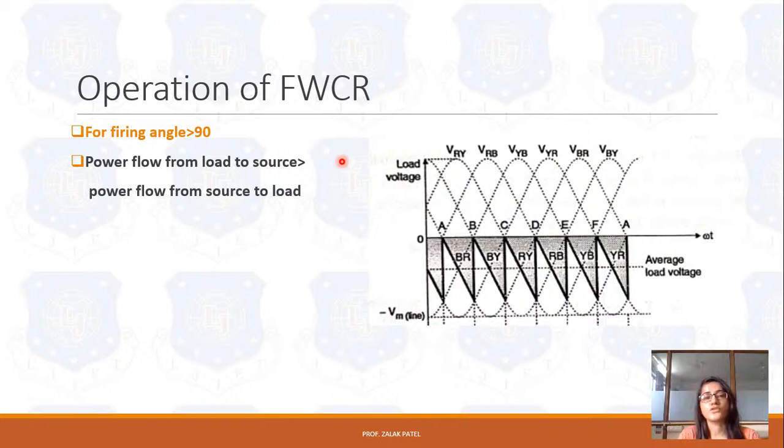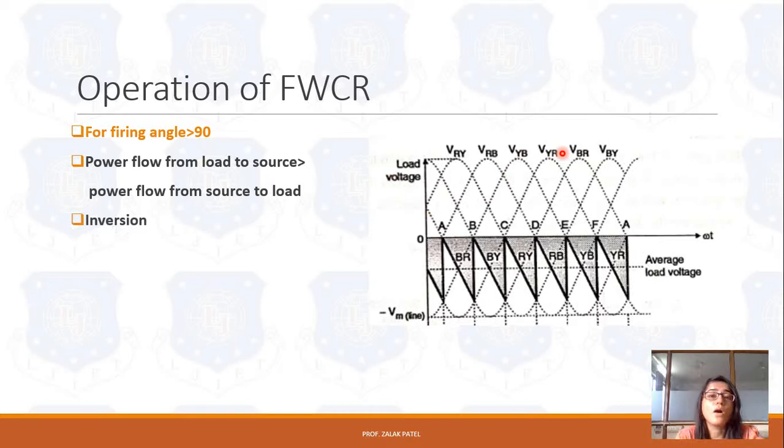If you put the values in that equation, you get the idea that for any angle greater than 90 degree, the average load DC voltage becomes negative, and that's why load to source power becomes greater than source to load. So because of this we can say that inversion will take place.